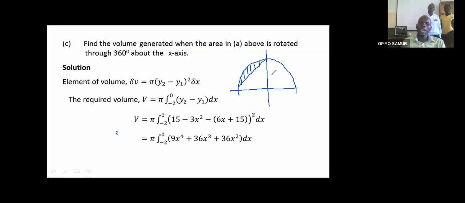So that is the area that has been rotated about the x-axis. Our x-axis is this. So when we rotate this through 360 degrees, it means we have moved one complete revolution. So when we move one complete revolution, then we shall get the volume of a solid.